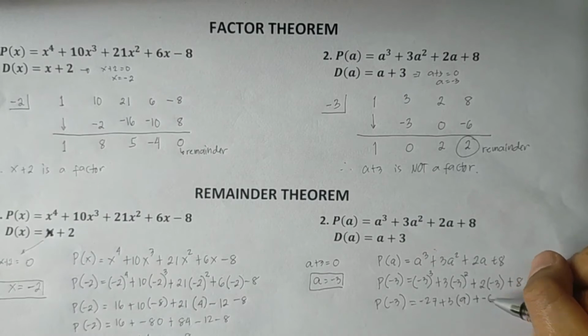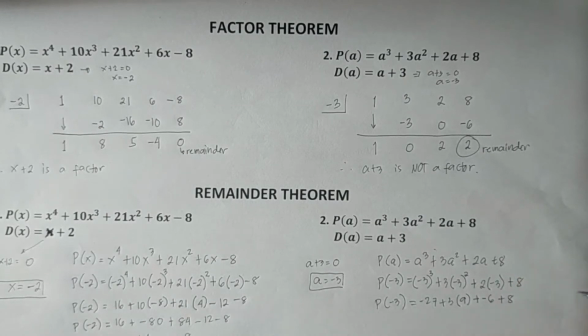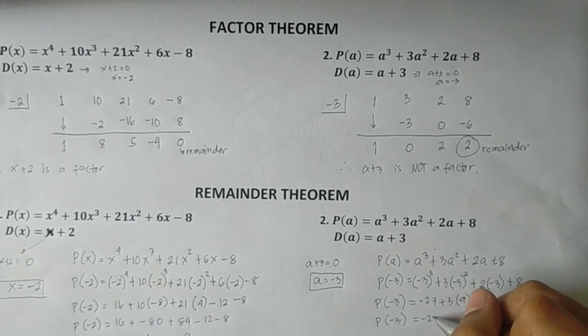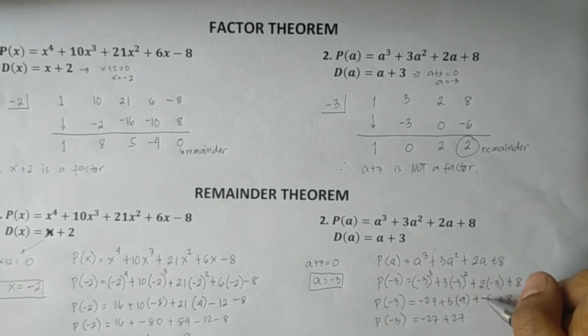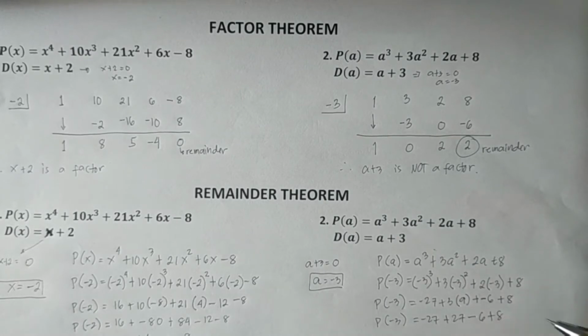or -6 plus 8. So we have P of -3 is equal to -27 plus 3 times 9, 27. So this is negative, so -6 plus 8.